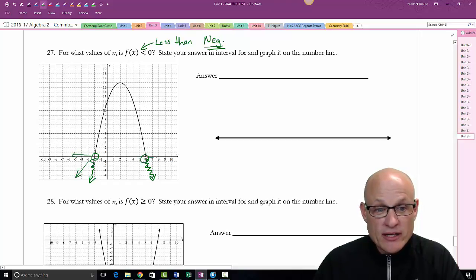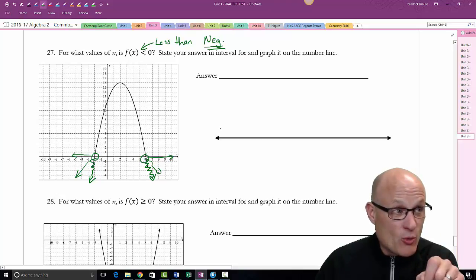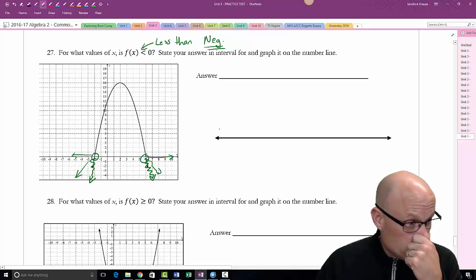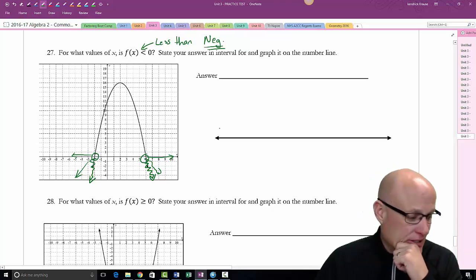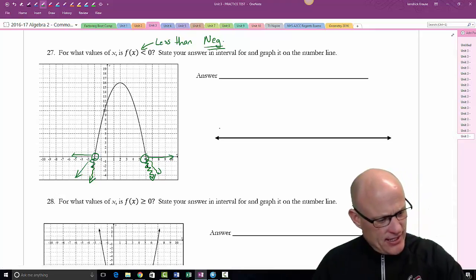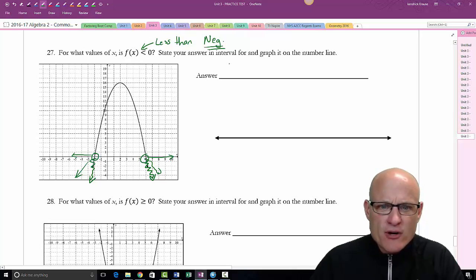Starting here, going in this direction, it will be below. So remember, you have to use the x values. The only time we use the y values is for y-intercepts, for range, and then min and max. That's it. So from negative infinity up to negative 2, but not including it because it doesn't have an equal to, or starting at 6, going off to positive infinity.